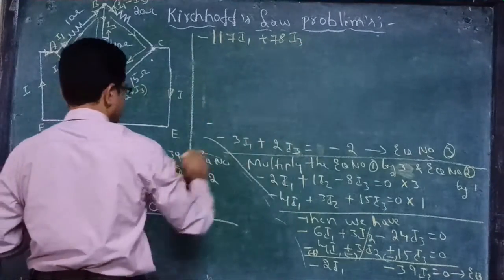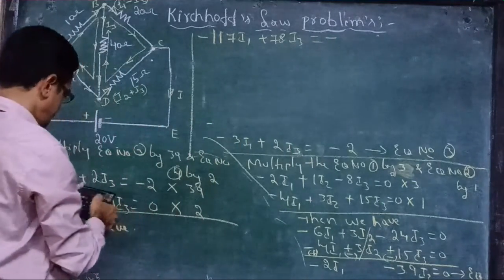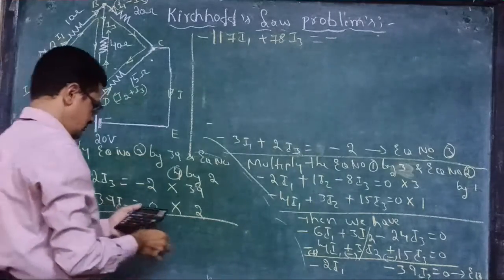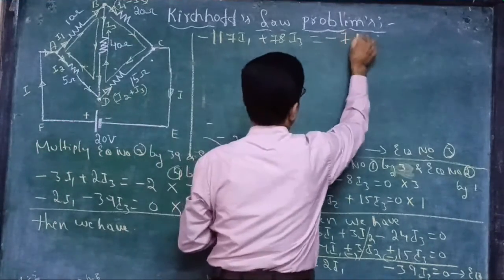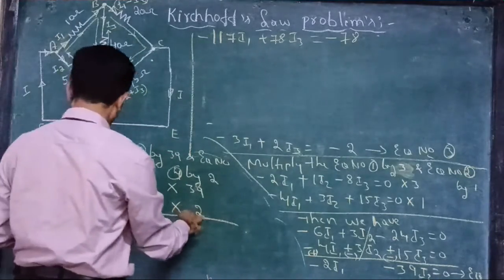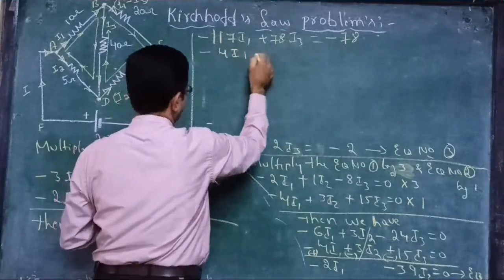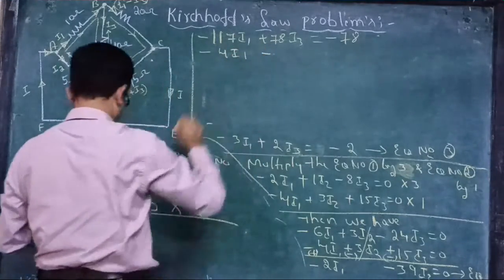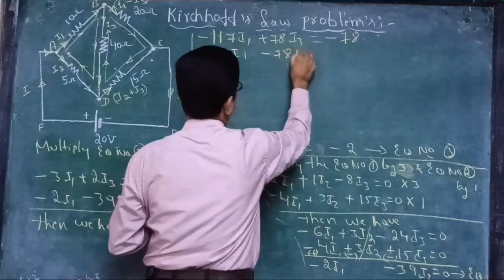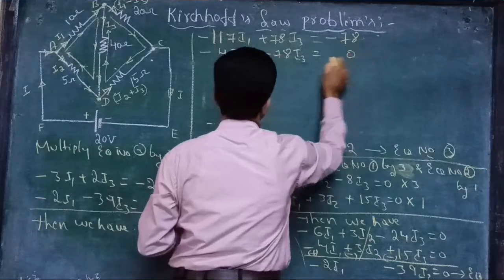Okay, next is equal to minus, here 39 into 2, that is equal to 78. Okay, so next here, 2 2s are 4 I1 minus 39 into 2, that means 78 I3 is equal to what? 0.